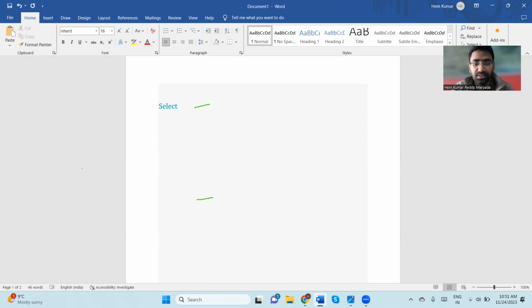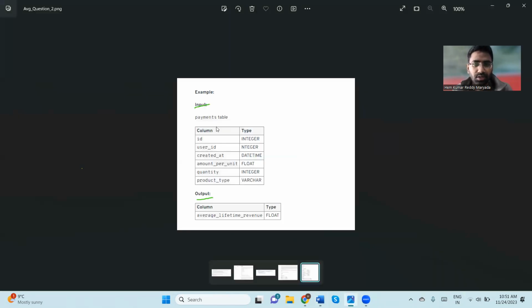So we need to write select, sum of. We are given these columns: ID, user ID, created at, amount per unit, quantity, product type.